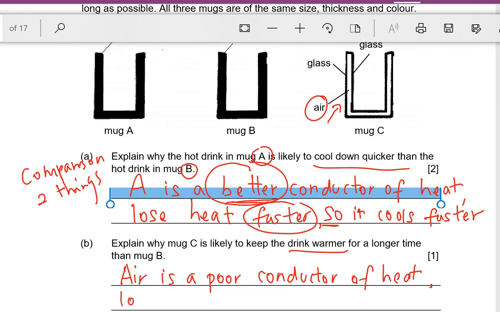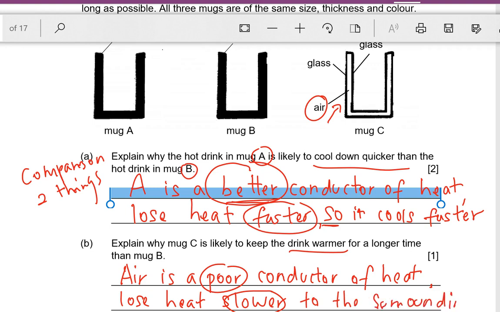It's going to lose heat slower. So where are the two comparison words? Poor, slower. And when you lose heat slower, you need to tell me you lose the heat to where? To the surrounding. Please always tell me where.